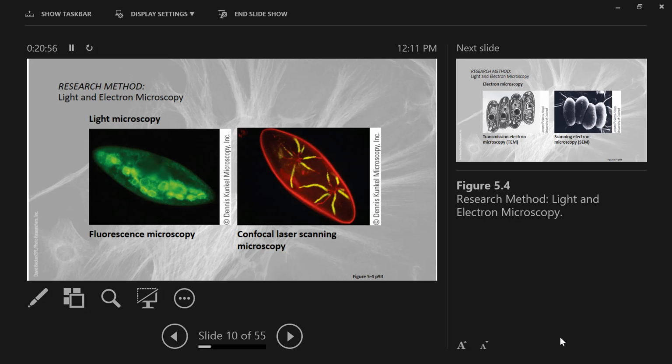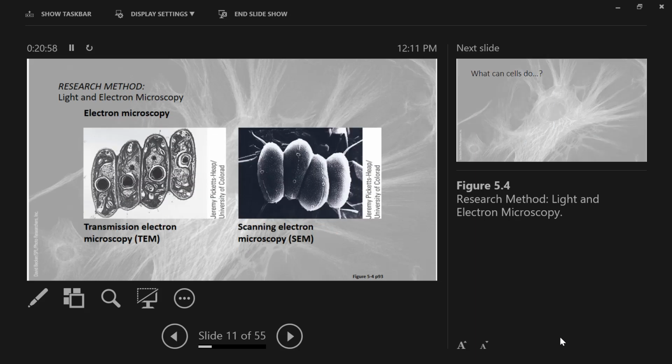All right. One last thing, electron microscopy. So here is scanning electron microscopy. Notice we're only seeing the surface of these cells. And here's transmission, where we're actually shooting electrons through the object. As you can probably imagine, it's difficult to keep this thing alive when you're shooting electrons through it.